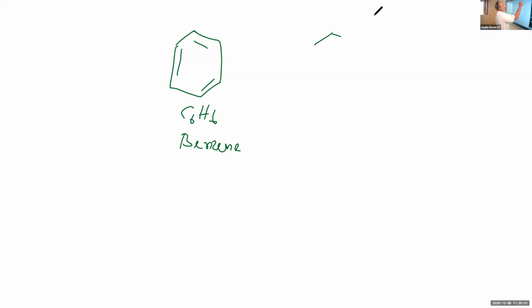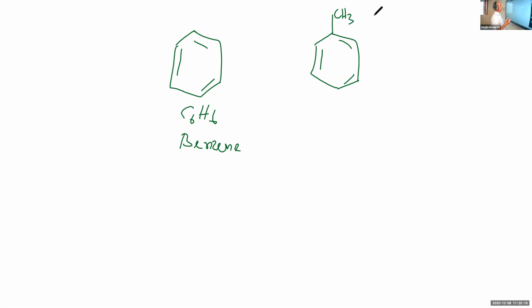Okay, let me take some examples for this. Among the aromatic hydrocarbons, the first one, as you know, is C6H6, our benzene. The simplest one is benzene. Take another one in which one of the hydrogen atoms is replaced by a methyl group.